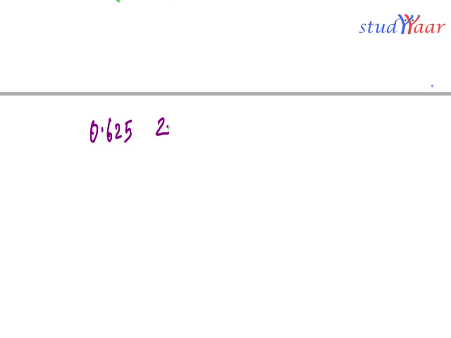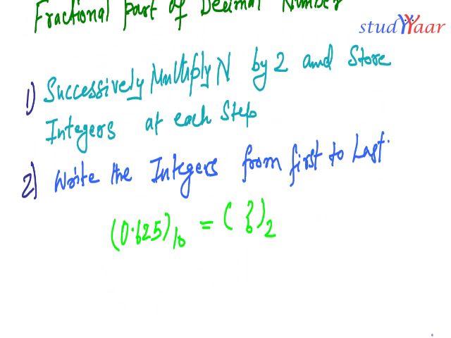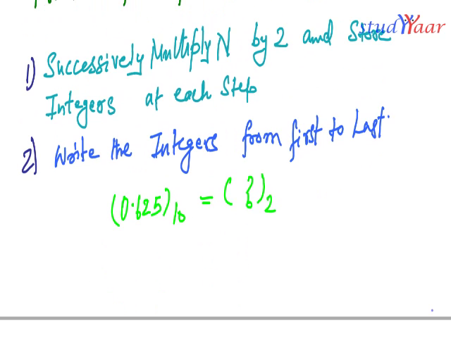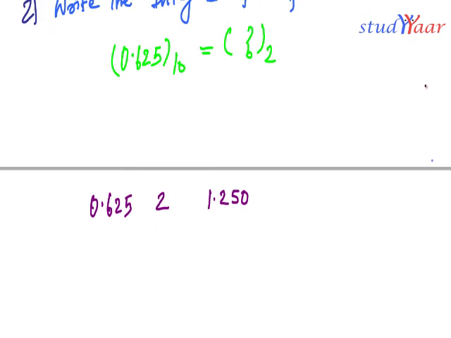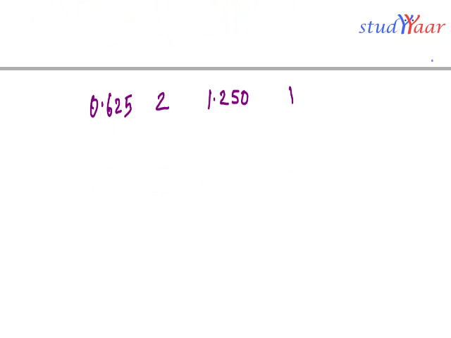What do I get over here? 0.625 into 2 is 1.250. My step says successively multiply by 2 and store integers at each step. What is the integral part over here? The integral part is 1, so I'll store 1 over here.